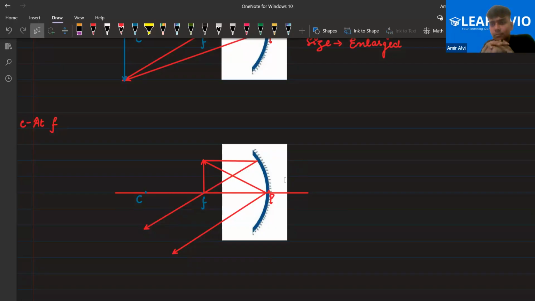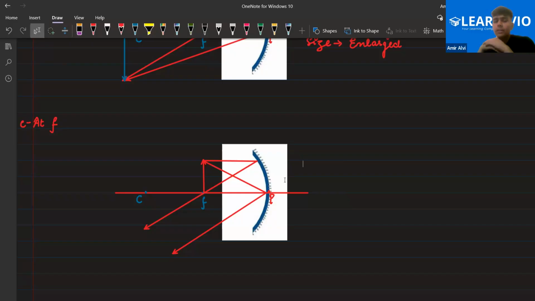At which point will the image be formed if the lines are parallel? Ritvika, over to you. Sir, I think the image will not be formed since they never intersect. Okay, okay.